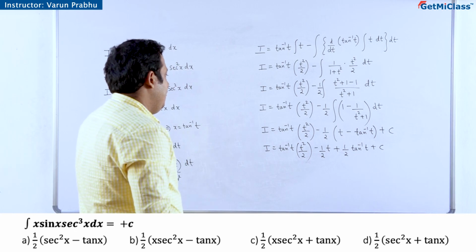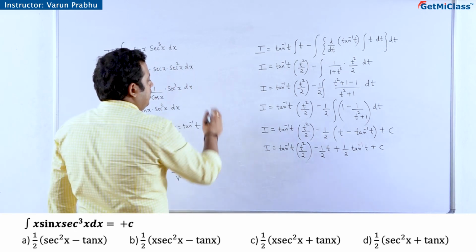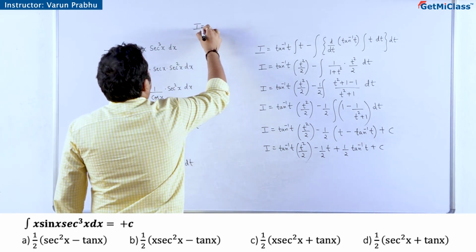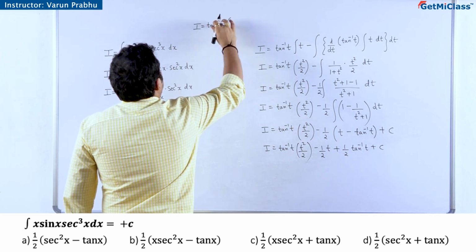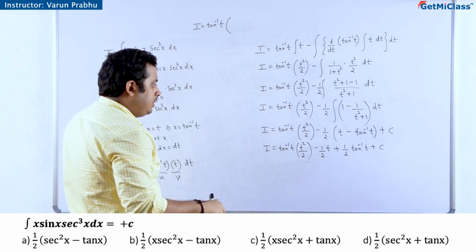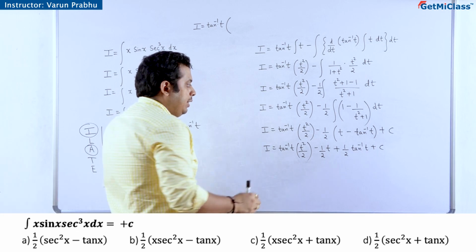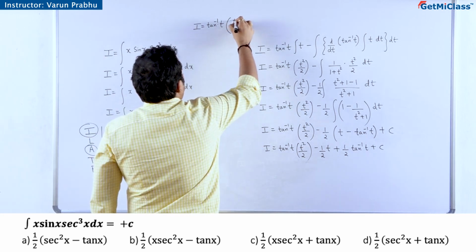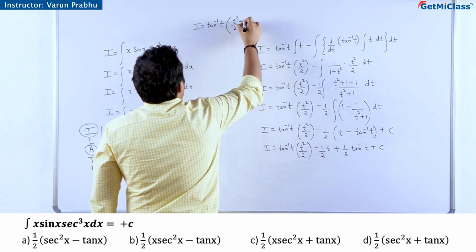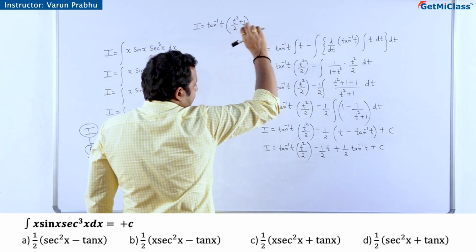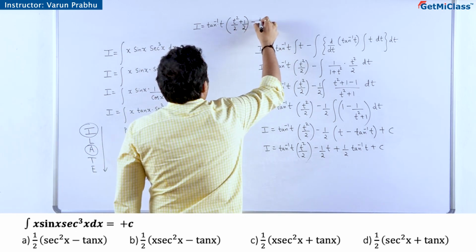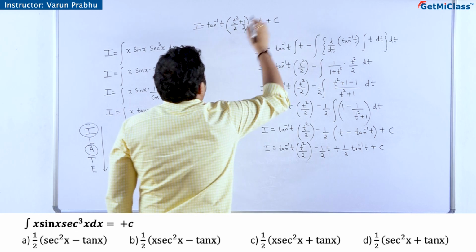So what will be your answer here now? If you take out tan inverse of t common, what remains in the bracket? We are left with t square by 2 plus 1 by 2, minus t divided by 2 plus c, correct?